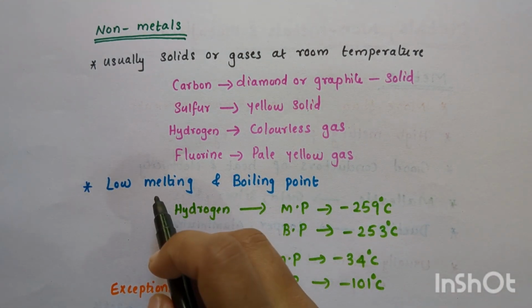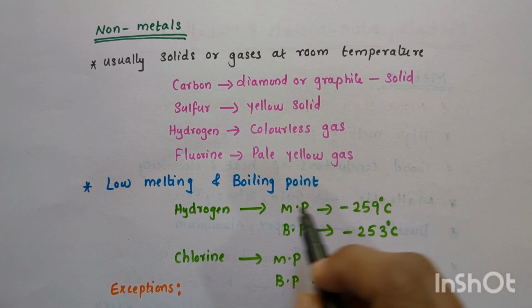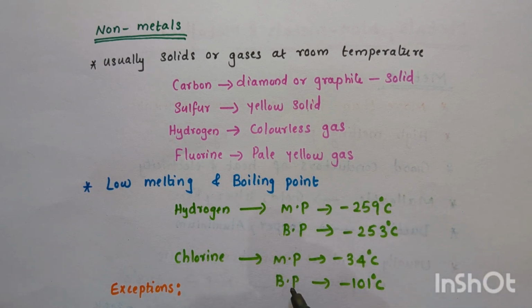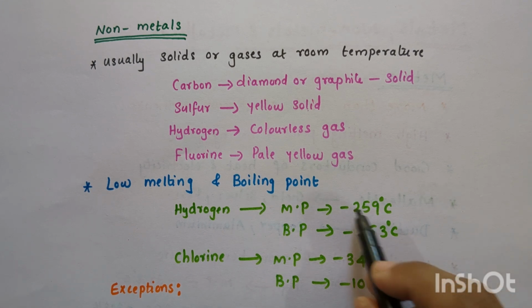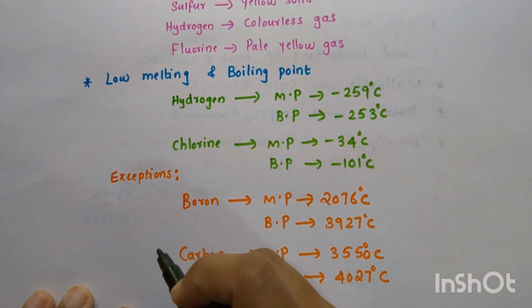Non-metals usually have low melting and boiling points. Here you can see the melting and boiling points of hydrogen and chlorine, which are very low values. But there are a few exceptions.